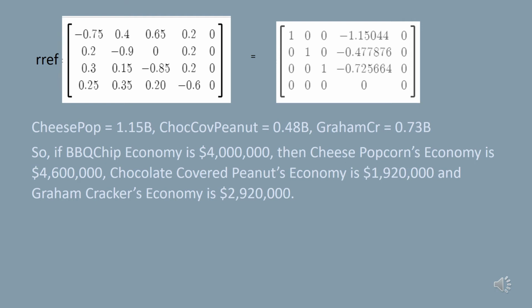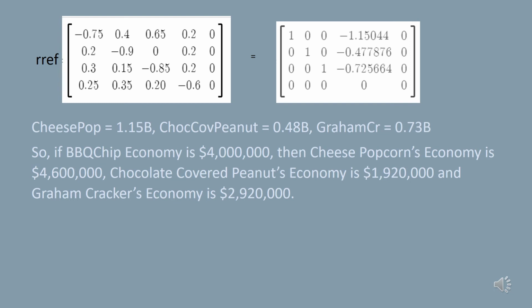So if the barbecue potato chip economy was $4 million, then the cheese popcorn economy would be $4,600,000, because that is 1.15 times 4 million. The chocolate covered peanut economy would be 1,920,000 because 0.48 times 4 million is 1,920,000.